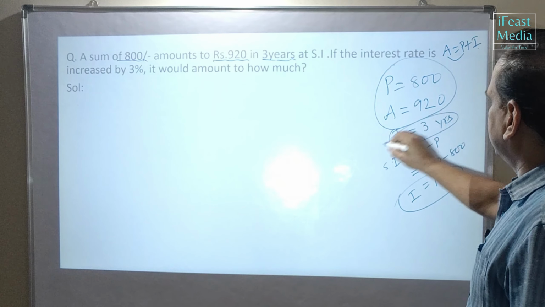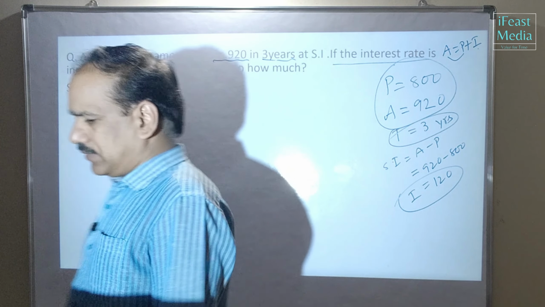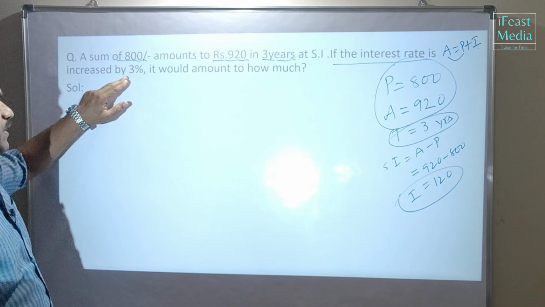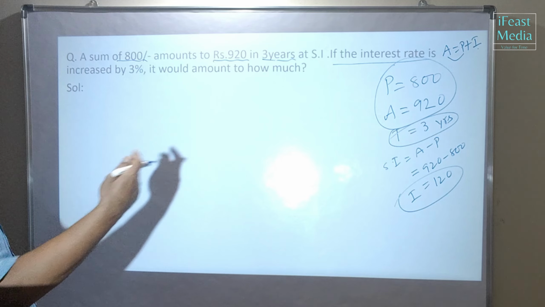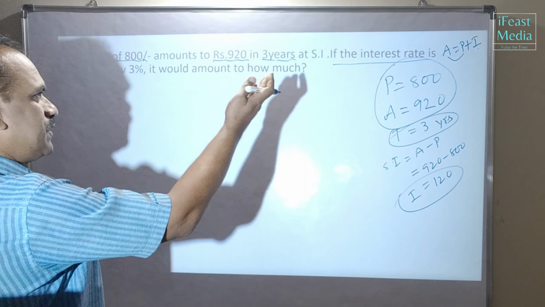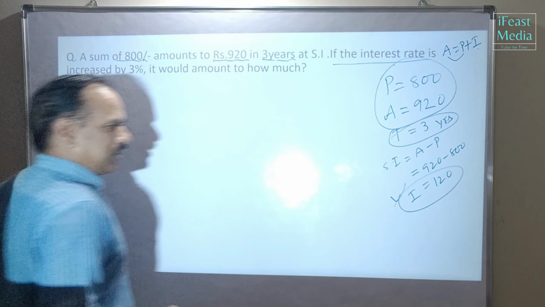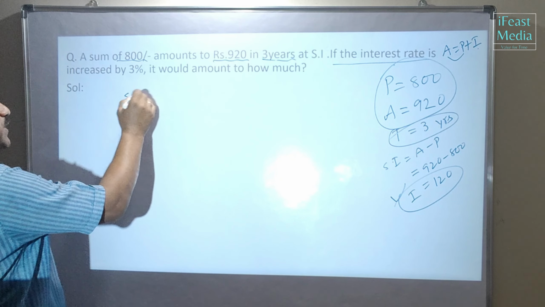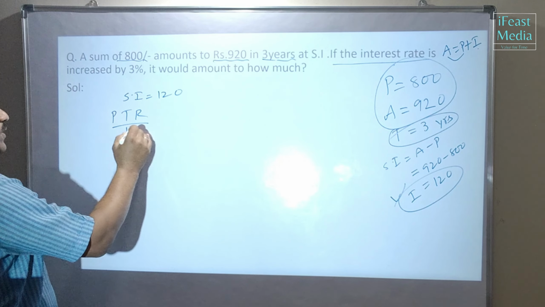And within 3 years, if the rate of interest is increased by 3%, it would amount to how much? So first of all, we should find the rate of interest, because the rate of interest is not given here. From the information that simple interest is 120 rupees, it is PTR by 100 equal to 120.